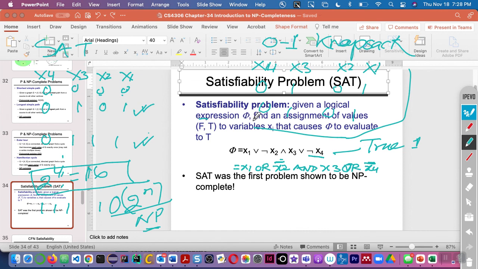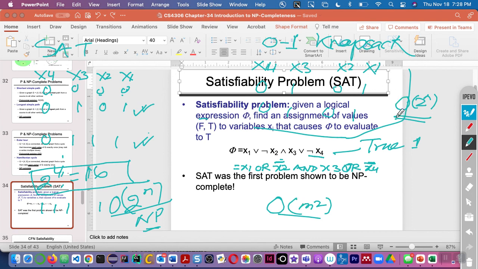Without using the dynamic algorithm, it took 2 to the power n. But with the dynamic algorithm, it took big O of mn or n squared.